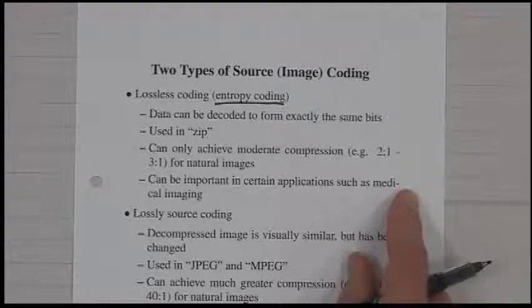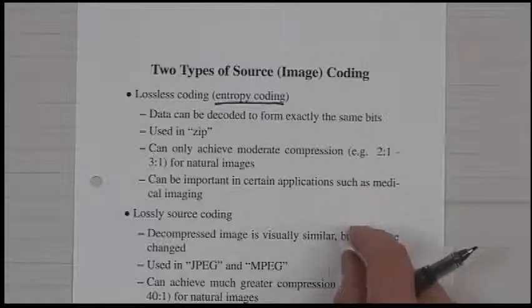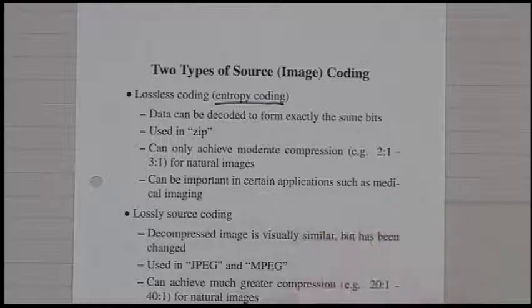But if you have a device which measures, rather than 8 bits, let's say 16 bits per pixel, and the last 4 bits are basically random noise, random noise doesn't compress very well. So you really can't compress those last 4 bits at all. Even if you did a perfect job on the other 12 bits, you would still only get 4 to 1 compression.